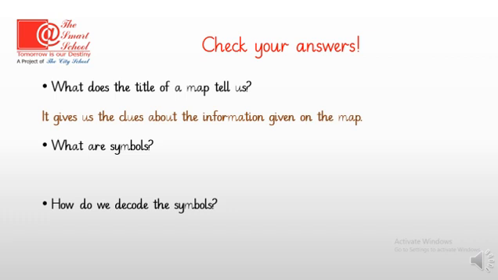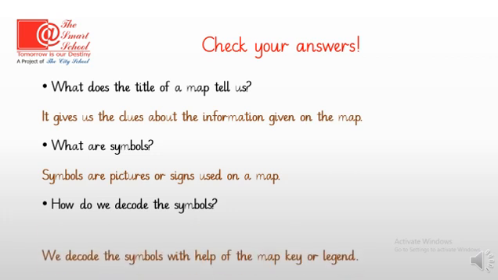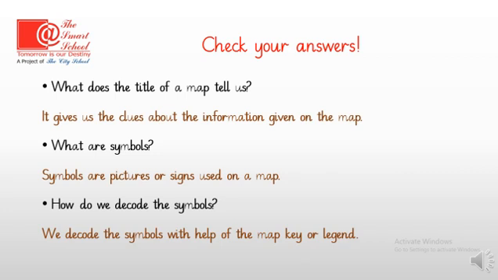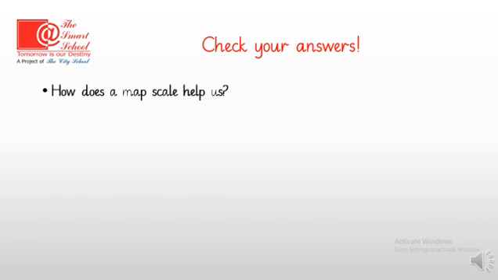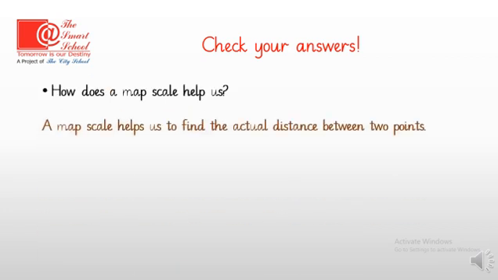What are symbols? Symbols are pictures or signs used on a map. How do we decode the symbols? We decode the symbols with the help of the map key or legend. How does a map scale help us? Yes, a map scale helps us to find the actual distance between 2 points.